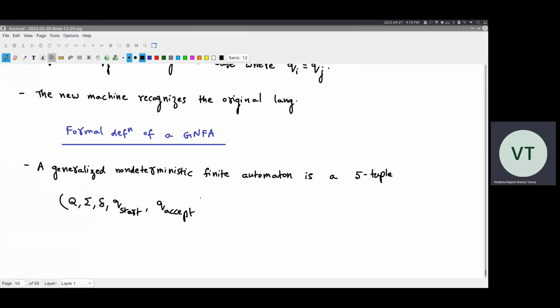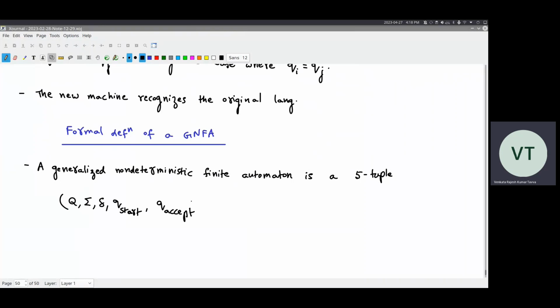Should I put Q accept in set brackets? Not necessary, because this machine will have only one accept state. So there is no variation in this. In the definition also, you need not worry about having a set of accept states or not. There is only one accept state, so you just write its name. Why are we not putting the start state in set brackets? Because we know there is only one start state.